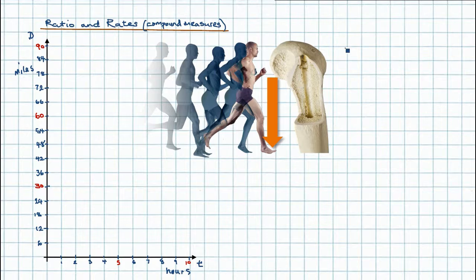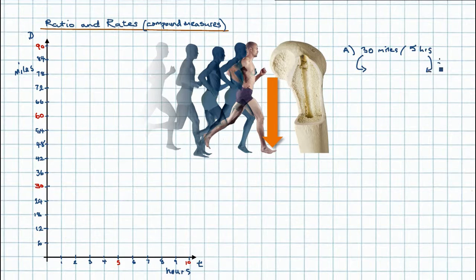So if he travels, let's call this problem A, if he travels 30 miles in 5 hours, then how far has he travelled in 1 hour? So in other words, what's the unit rate here?